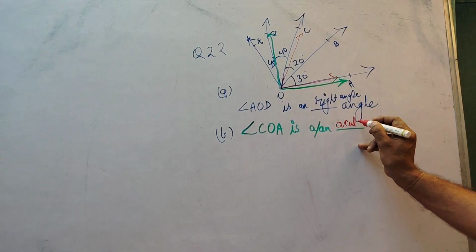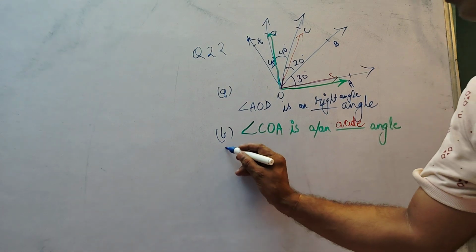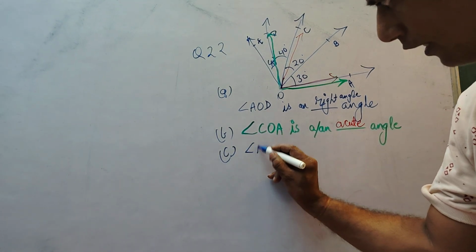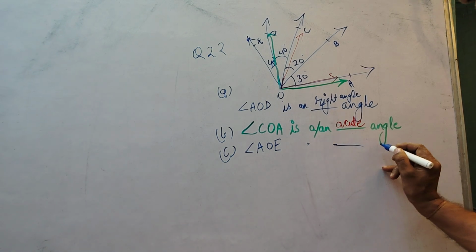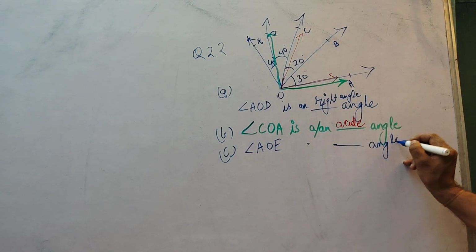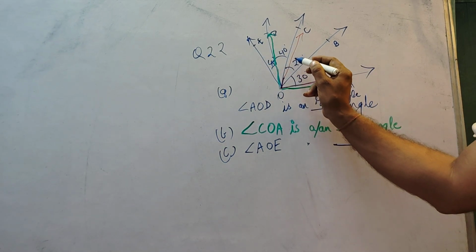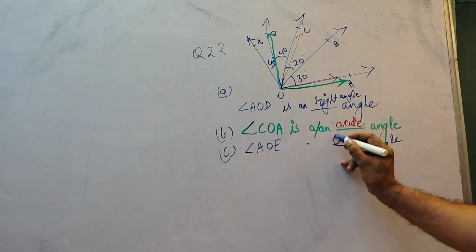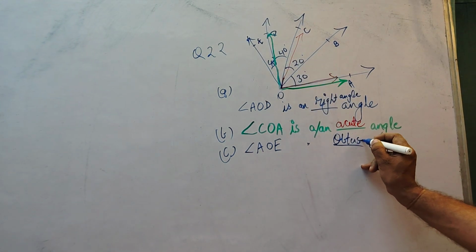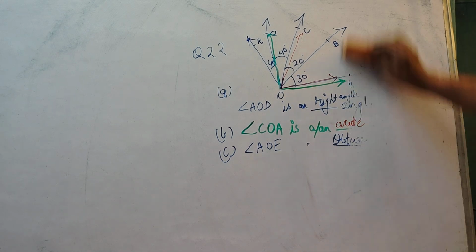So 50 comes under 90, so it is acute angle. And then the last one has to be obtuse. Last one is angle AOE. So total is 30, 20, 40 and 40. So it is 130, so obtuse, correct. So all three types of angle are covered here in this diagram.